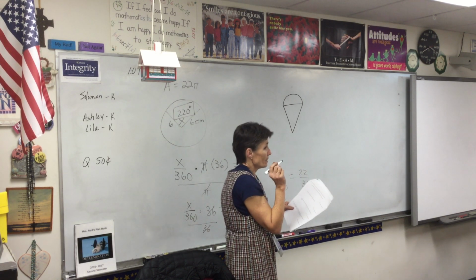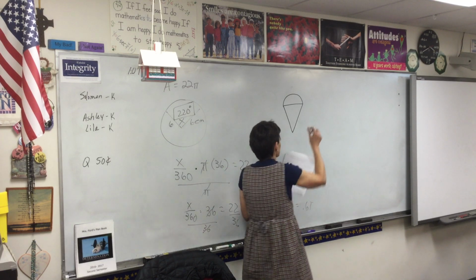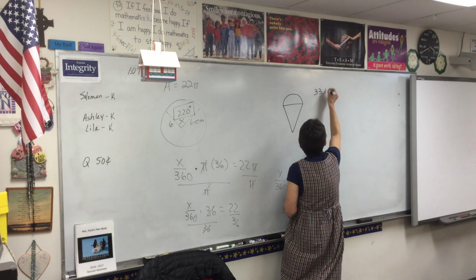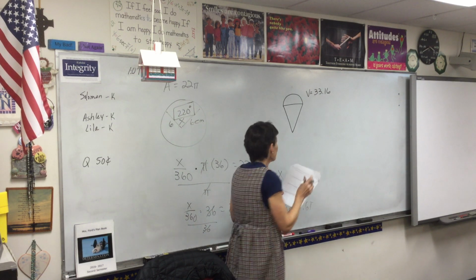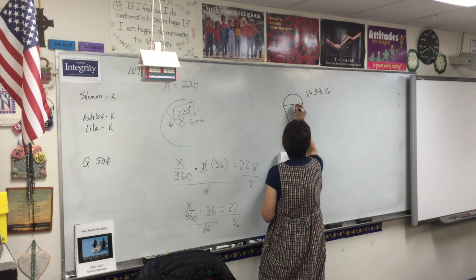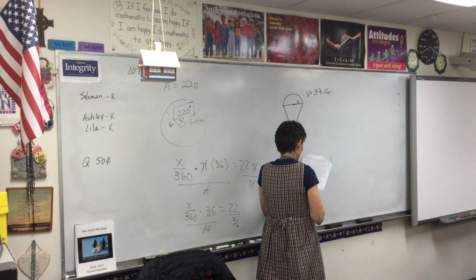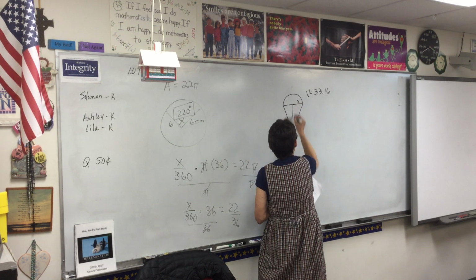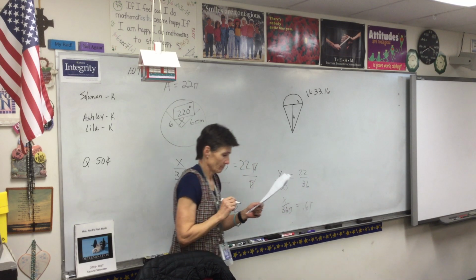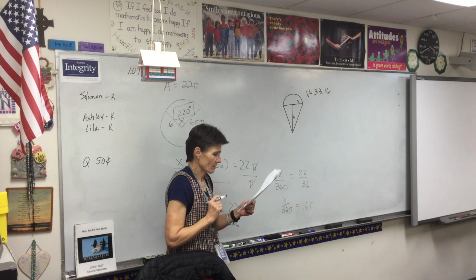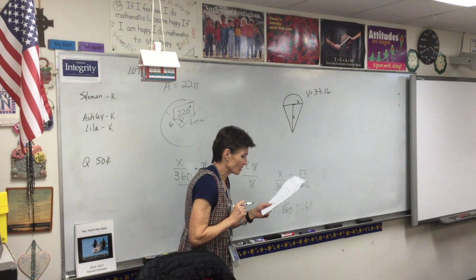So the volume of this thing is 33.16. The radius of the cone is 3, and I do not know the height of the cone. Sorry about the wording in there, it's not very good. We want to find the height of the cone.